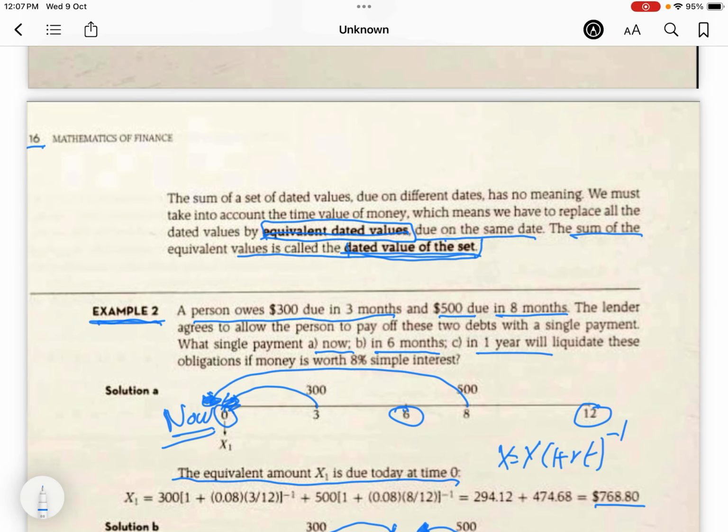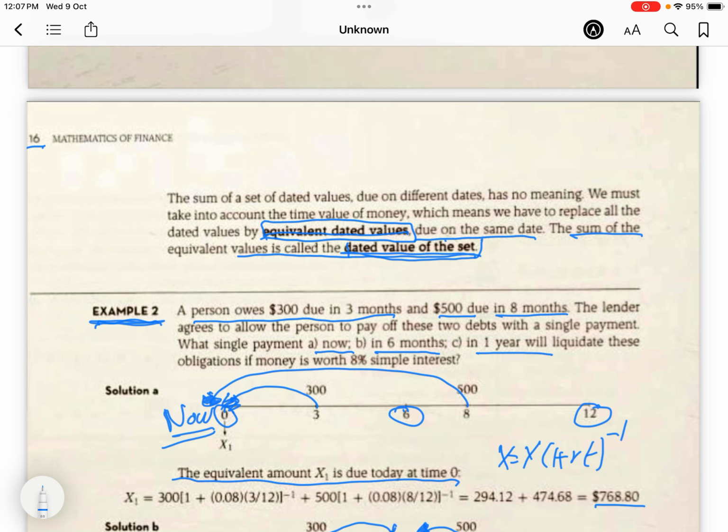Example number 2. Since this section is important, we must discuss all the examples. Solved examples. A person owes $300 due in 3 months and $500 due in 8 months.